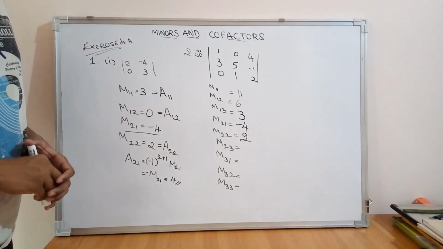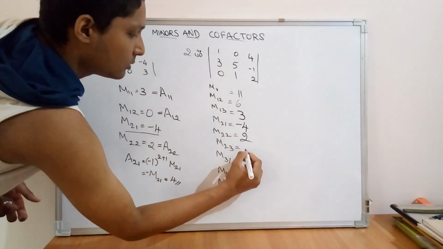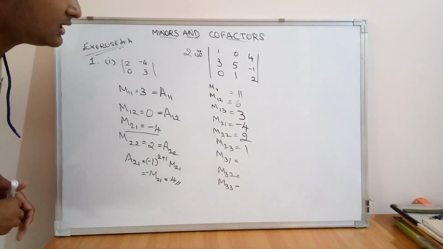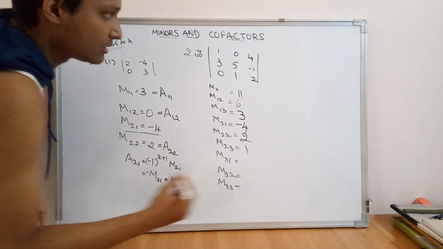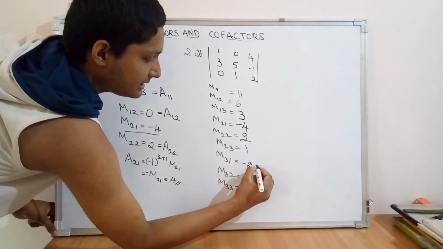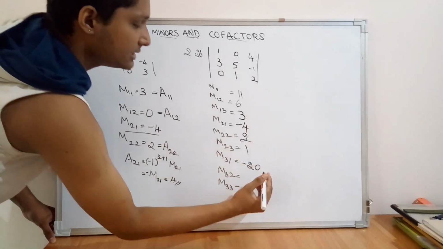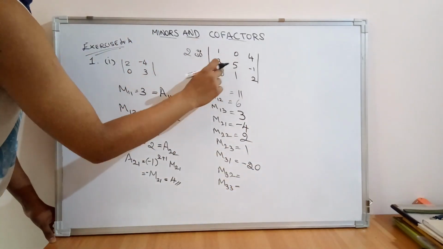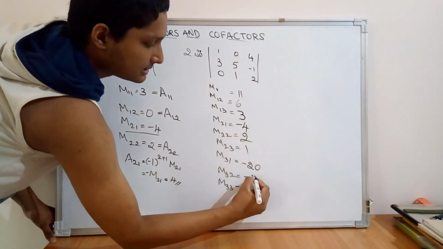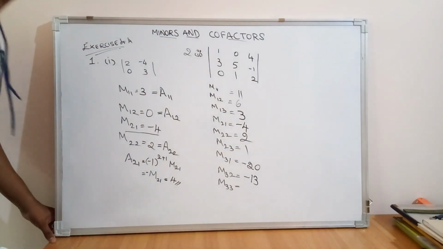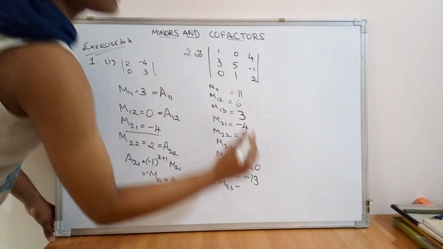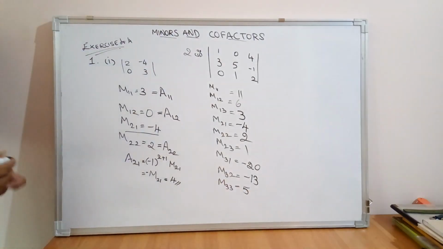Similarly, we are going to do the remaining things. So we get 1 here. M31 we are going to get 20 minus 20 here. Then you have M32, we are going to get minus 1 minus 12, that is minus 13. Then you have M33. M33 is 5.